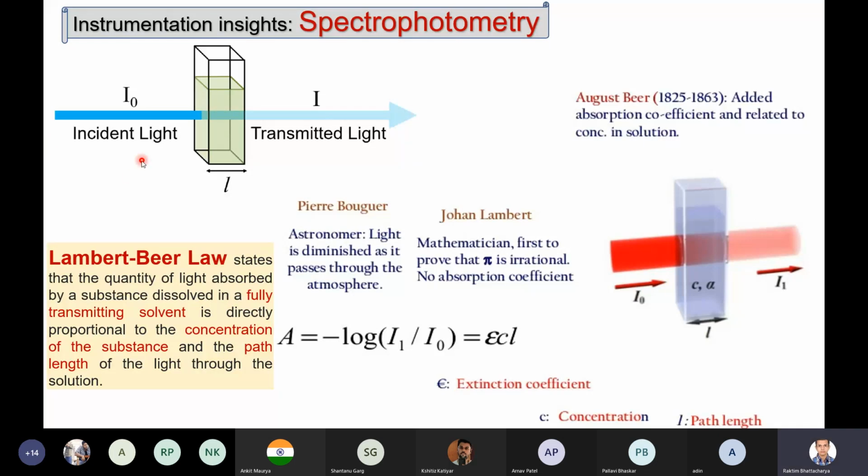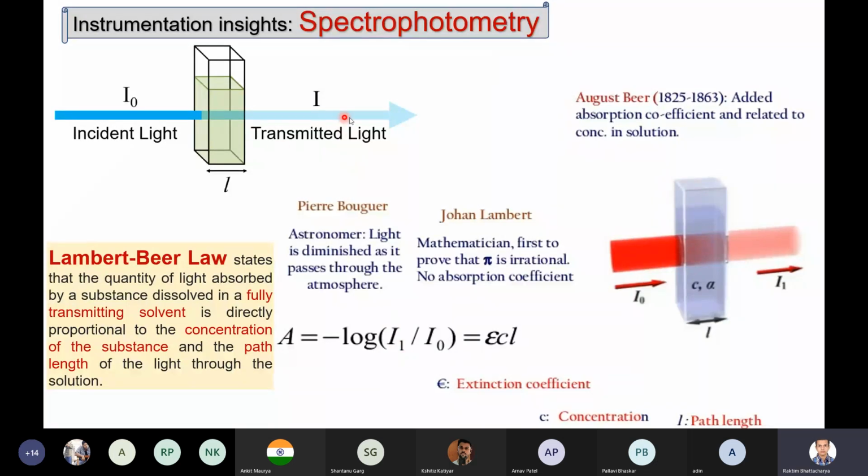Now, two mathematicians, August Beer and Lambert, developed a mathematical equation by which the absorbance of a solution, solvent or material can be determined using the optical density. This is the absorbance of the solvent, and this is I1. I1 is the transmitted light. Normally, in some cases, we put I1 or I1, this one is the transmitted light.